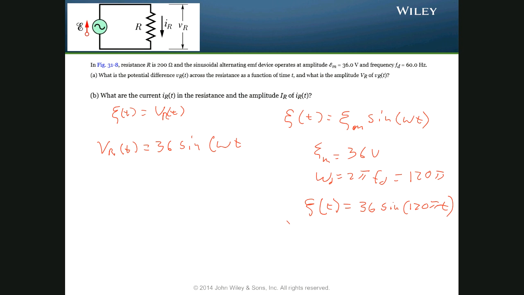I want you to notice there's virtually no math in this problem at all. Forgot a parenthesis. That's okay. All you're recognizing is that the voltage, the EMF across the source, the driving source, is the same as the voltage drop across the resistor.